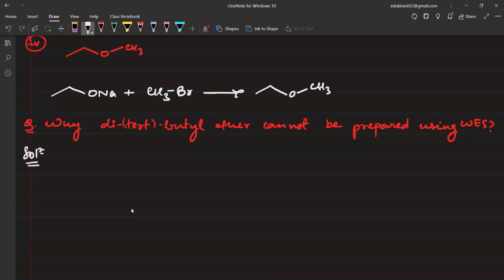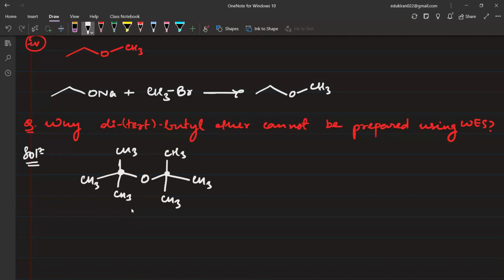So what is tertiary butyl? You have 3 carbon atoms attached to 1 carbon atom like this. This carbon atom is tertiary carbon, right? It is having CH3 here, CH3 here and also here. Oxygen atom. So this is a tertiary butyl group. So one more tertiary butyl group will be here. CH3, CH3, and CH3. Okay. So this is di-tertiary butyl ether.